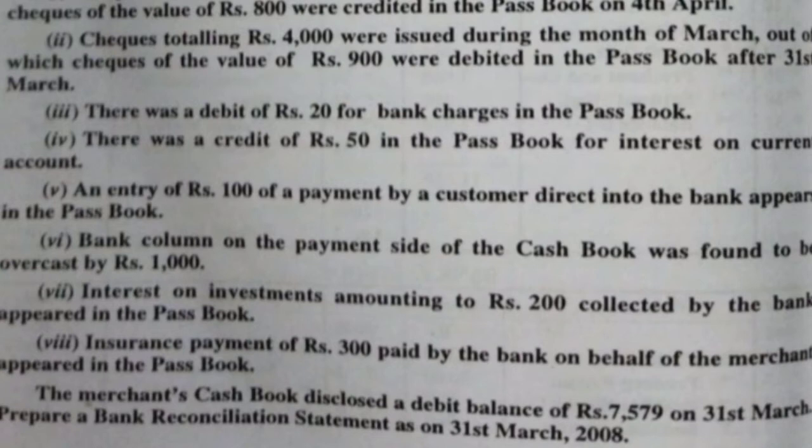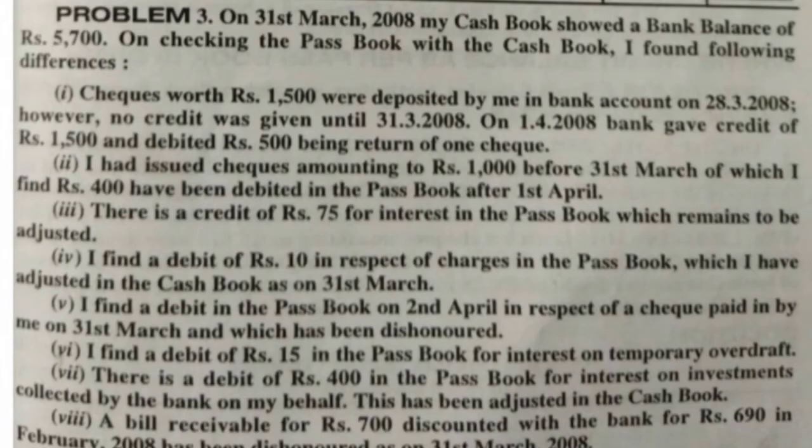So the first one, checks worth rupees 1500 were deposited by me in the bank account on 28th March, that is in the month of March. However, no credit was given until 31st March 2008. On 1st April 2008, bank gave a credit of rupees 1500 and debited rupees 500 being written off one check.